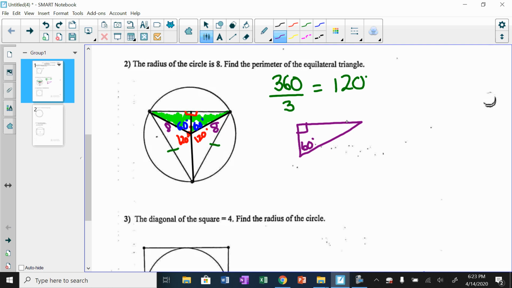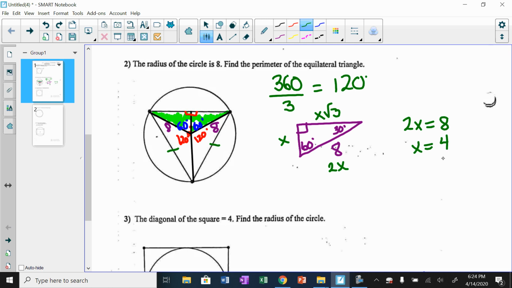And what do I know I have? I know I have a 30, 60, 90 triangle. The hypotenuse is 8. So we know opposite the 30 is x, opposite the 60 is x root 3, and opposite the 90 is 2x. So what do we have? We have 2x is equal to 8, so x is equal to 4.